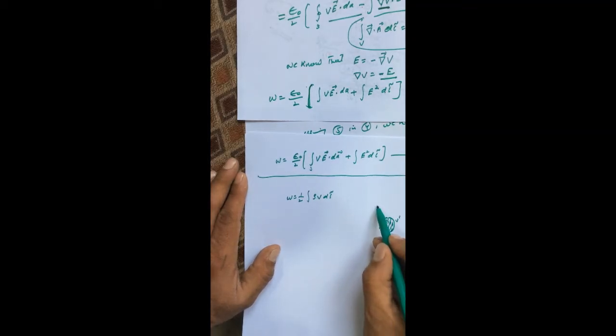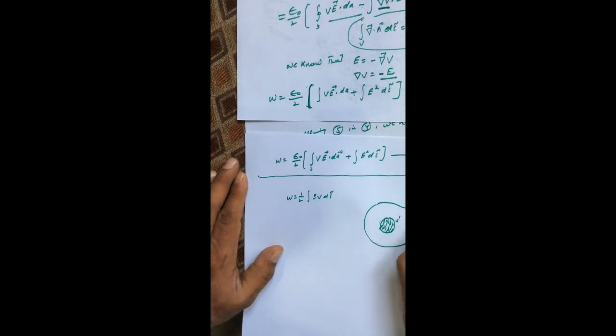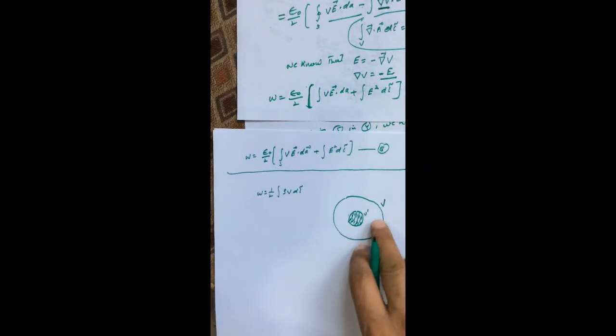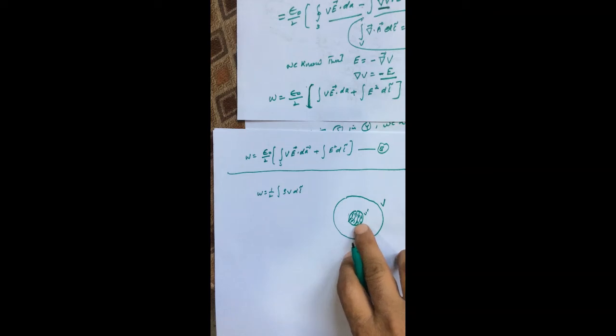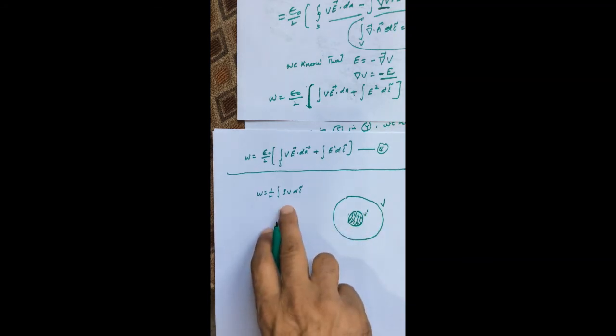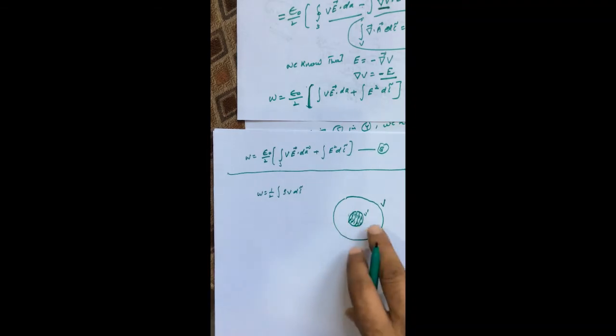Now I consider another volume outside this small volume V prime, and I call it V. This bigger volume V also contains the charge, because the charge is already inside this volume. Then the result will be the same whether I consider this volume or this volume.